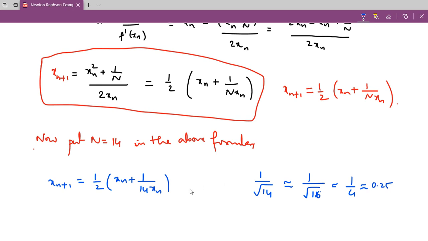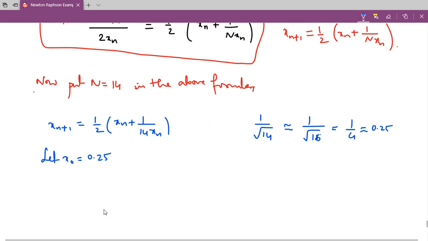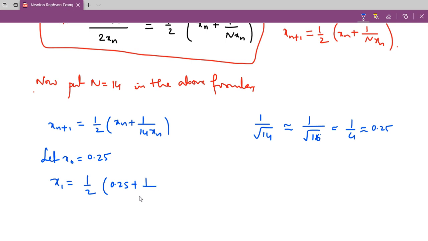So we start with x naught equal to 0.25. Then x1 is equal to 1/2 (0.25 + 1/(14 × 0.25)).